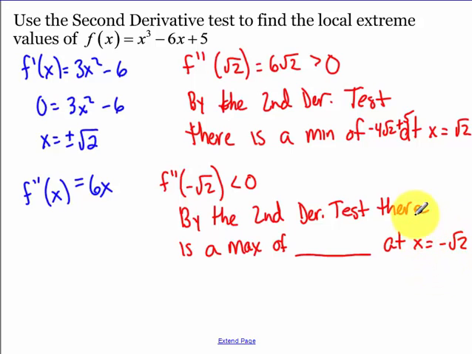When I plug in that negative root 2 value, we get 4 root 2 plus 5.